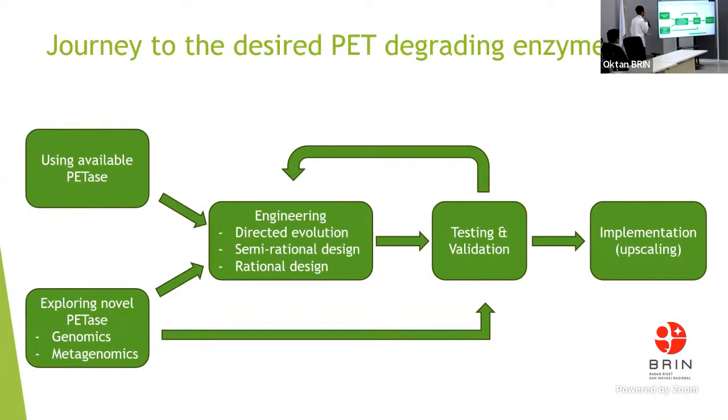Next slide. Okay, so how do we get that done? Well, it will be tricky. We will struggle, but there are two main routes that we could possibly take. The first one is using the available PETases that are already public.